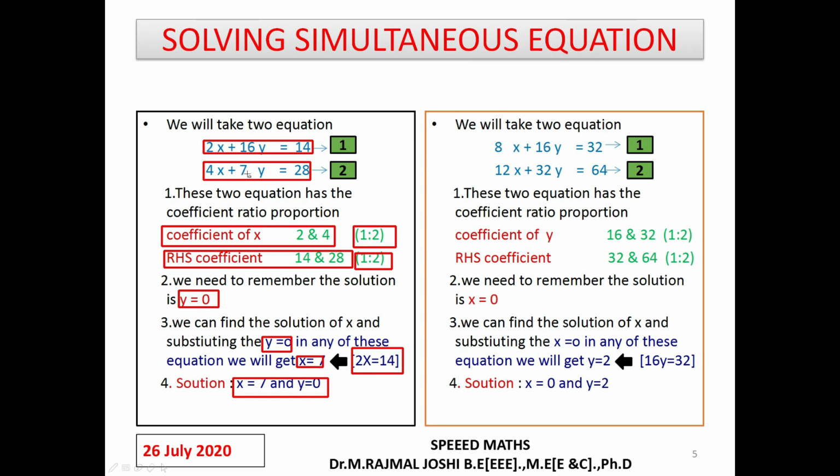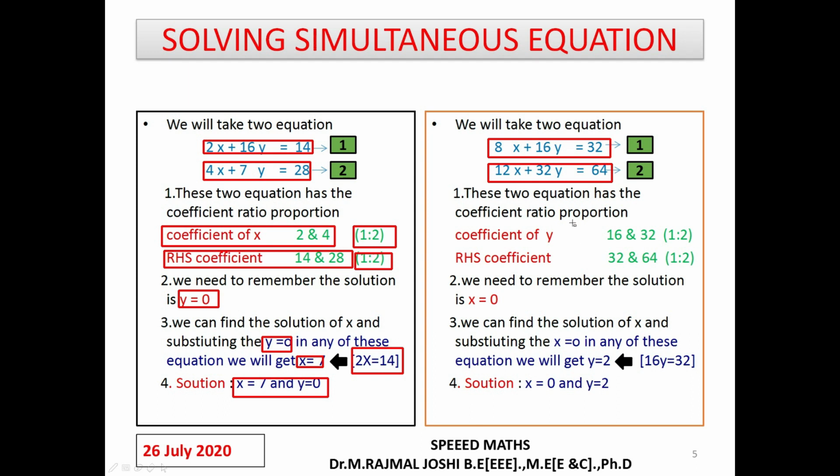Most people have confusion: if the y coefficient is proportional, then what do we have to do? We can see that with one more example. I have taken two equations, 8x plus 16y is equal to 32 and 12x plus 32y is equal to 64.